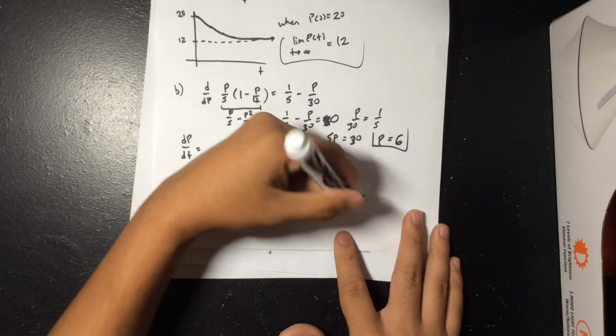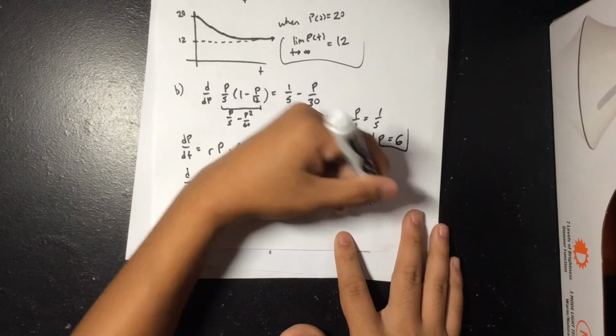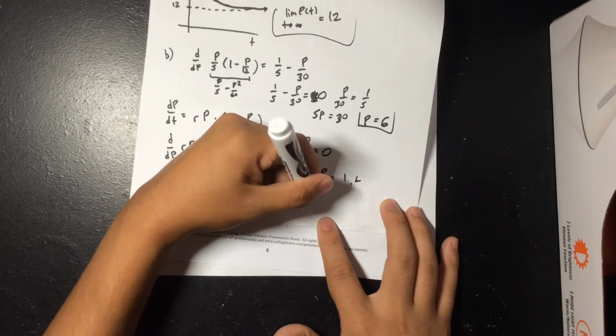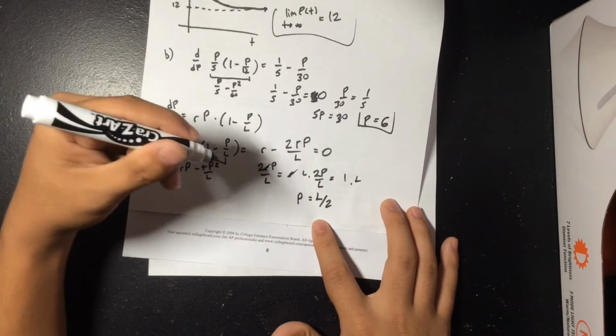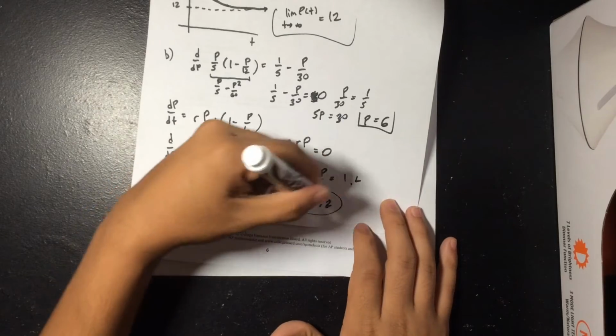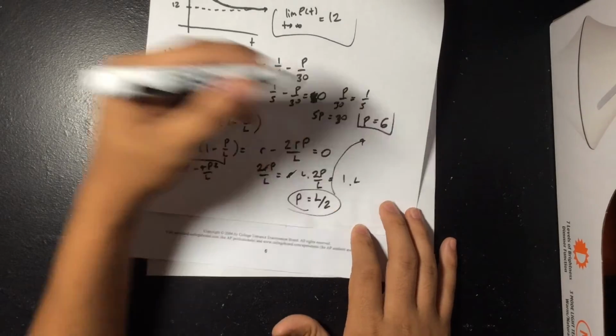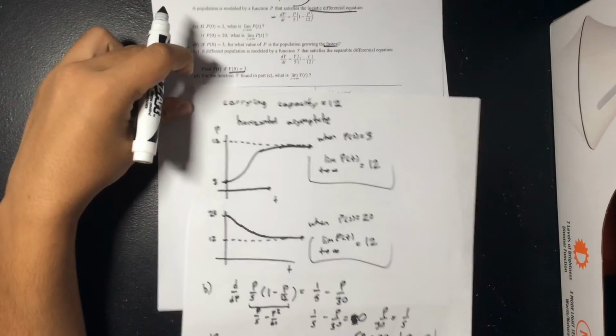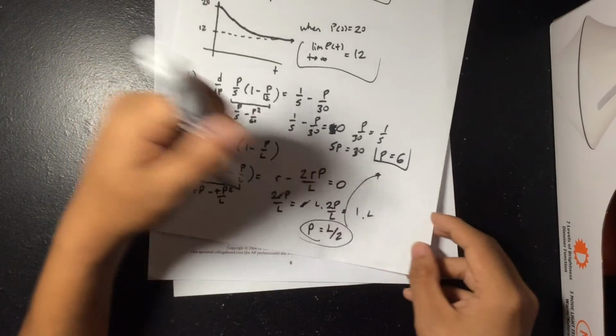We could multiply both sides by L and divide by 2, and you get P is equal to L over 2. And so this proves that the rate grows the fastest when it is half of the carrying capacity.